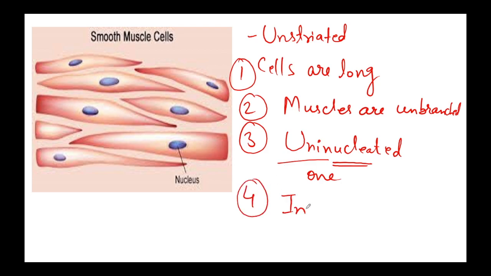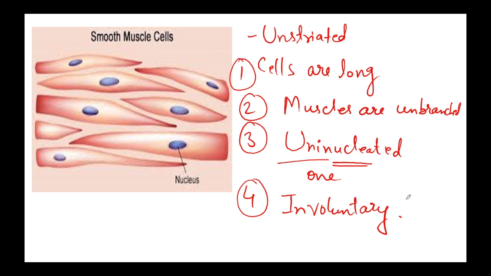Number 4, such muscular tissues are involuntary. Involuntary means the movement of muscle cells which you can't control. I'm giving you an example also. For example, in your digestion, the food goes inside, you can't control the activity, you can't stop the food going inside. That is an example of involuntary muscle movement.